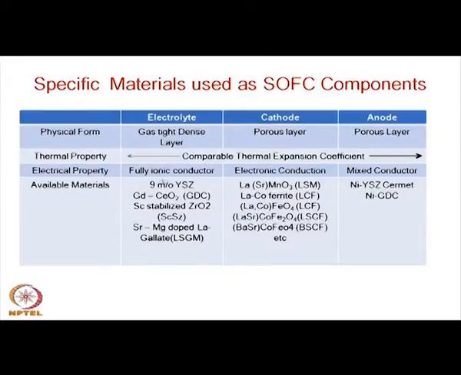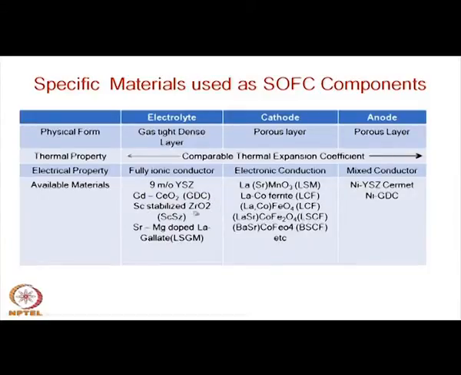Some alternative materials are also there, like gadolinium doped cerium oxide. Cerium oxide is also known to have a cubic fluorite structure, and adding gadolinium produces, in short, what is called GDC, and that also has oxygen ion conductivity. It may also have some other properties, we will see later on.